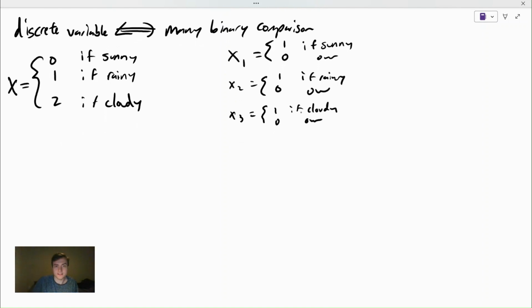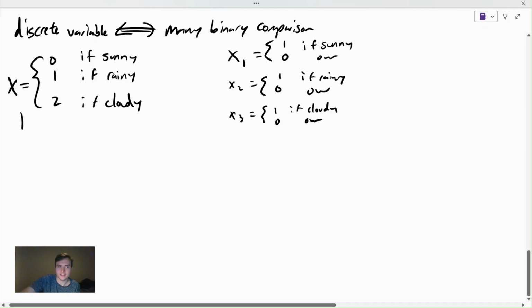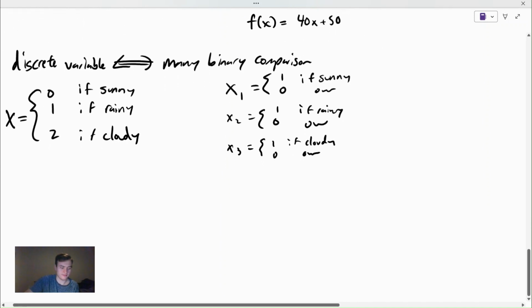And when we have something like this, expressing logic, like expressing we make $90 with sunny and 50 otherwise, in terms of this x, that doesn't make a lot of sense. Writing a function like that, that's not really possible. But with these binary x, now we can do the binary expressions that we were doing before, right?